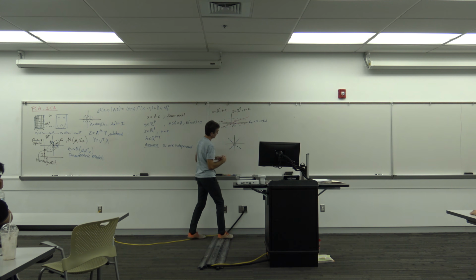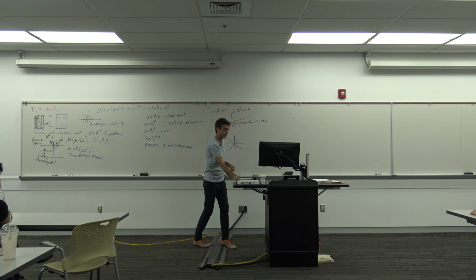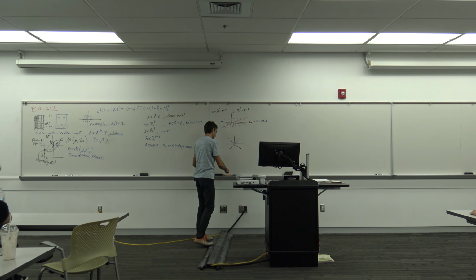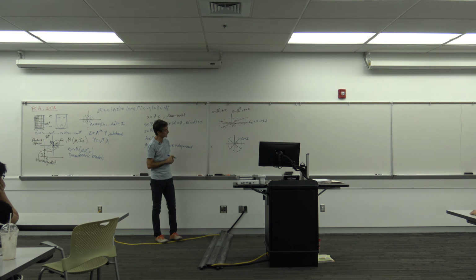Like this. My S1 is going to be here, my S2 is going to be here. And obviously my covariance matrix now is equal to the identity.